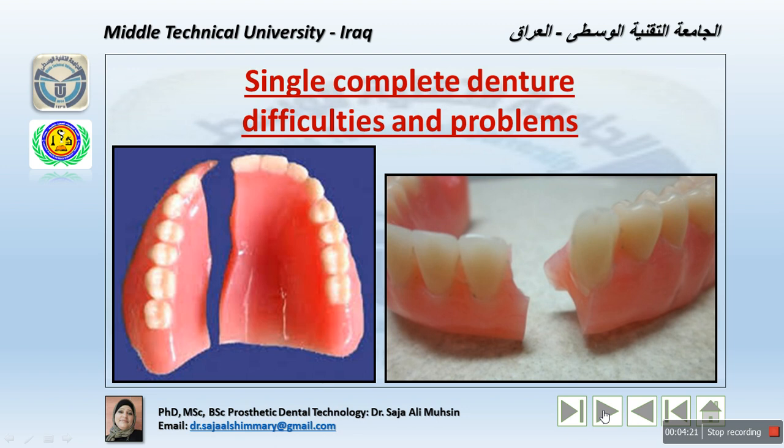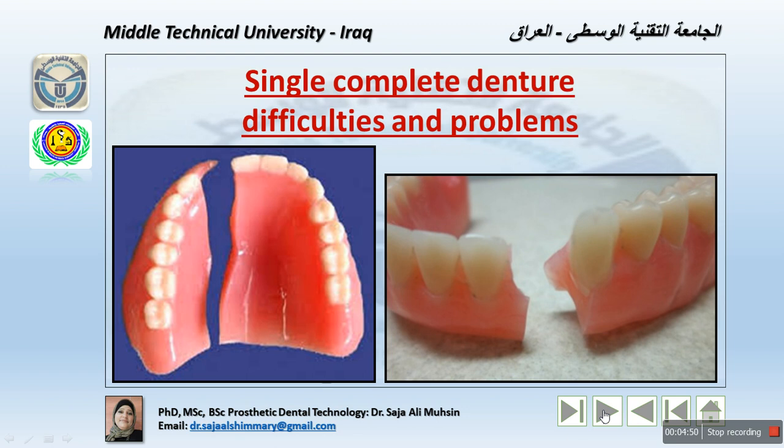So this may reduce or limit the fracture of the denture in such a situation. The position of the mandibular teeth, which may not be aligned to achieve a bilateral balance for stability, is one of the causes of the fracture as well, and problems in occlusion lead to fracture of the denture base.